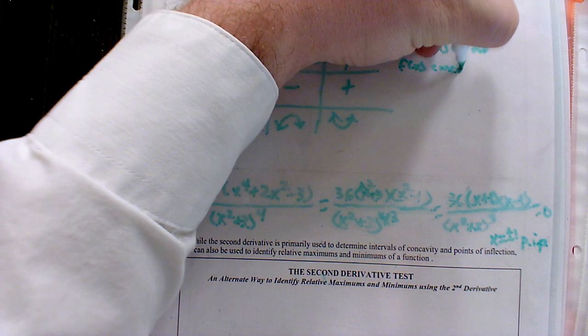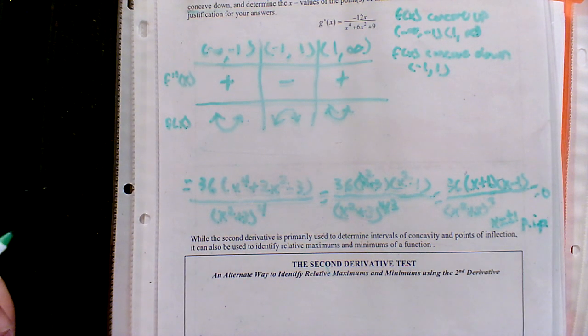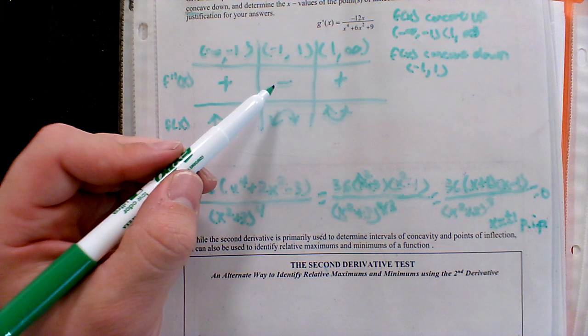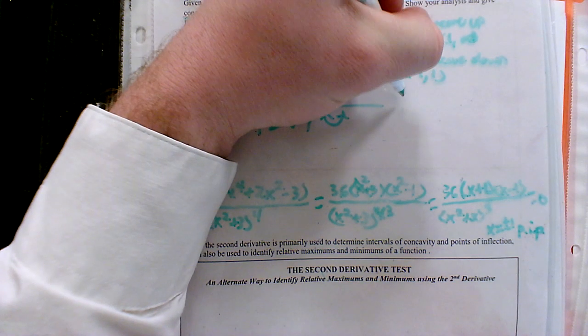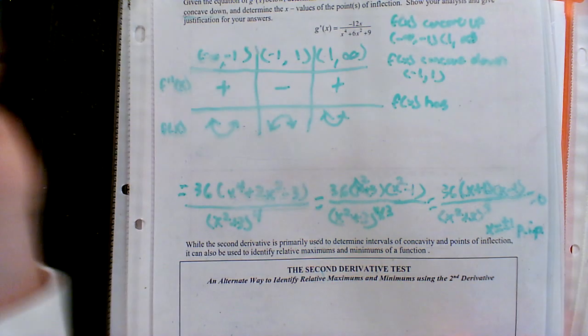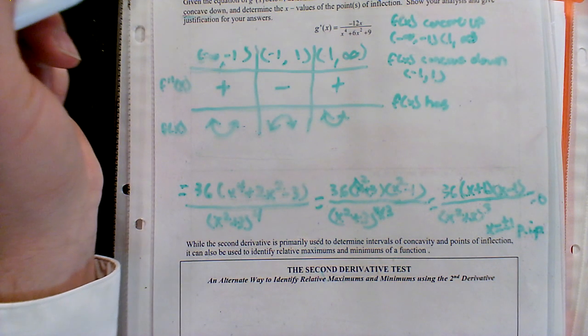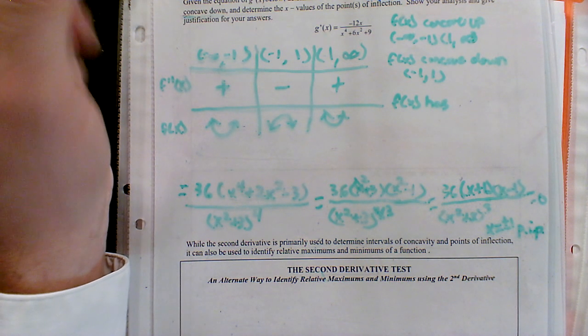F of x is concave down on the interval negative 1 to 1. Again, if they asked you why, it's because the second derivative was negative. And lastly, what we were really looking for, what does f of x have?